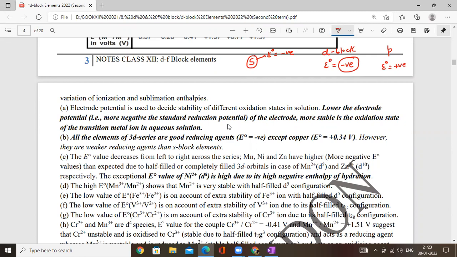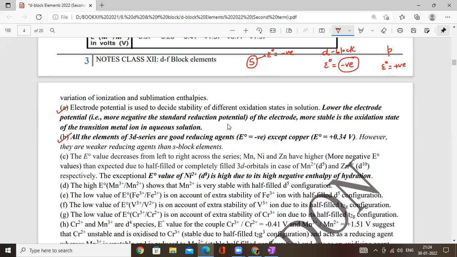Now, as I said, all the elements of the 3d series are very good reducing agents except copper, which has E naught value 0.34. However, they are weaker reducing agents in comparison to the s block. I have already cleared these 2 points. Now I am going to the most important point.